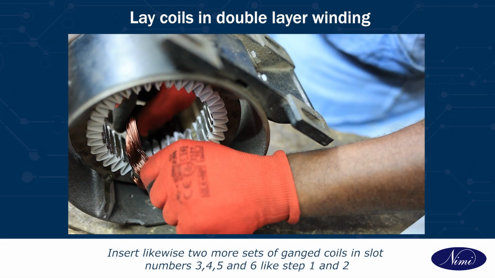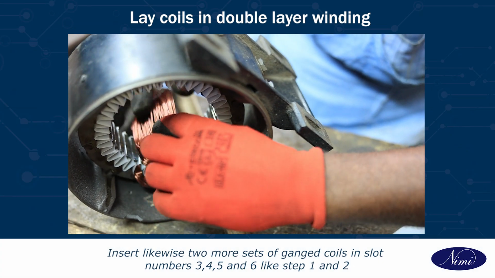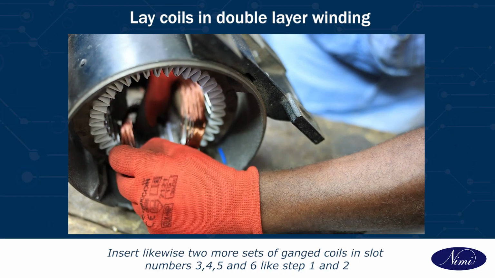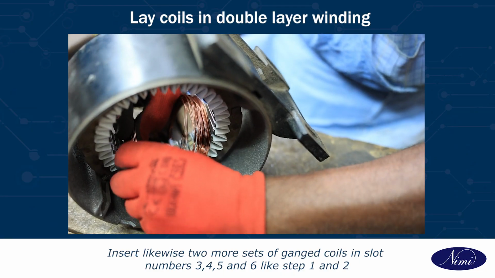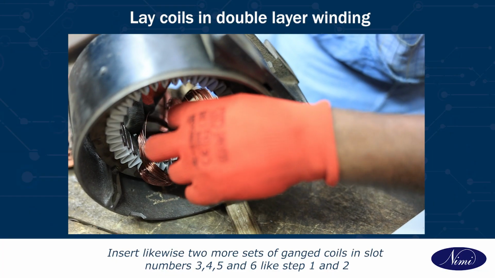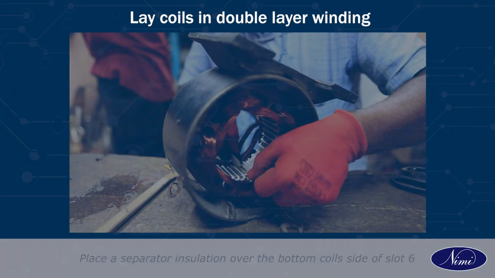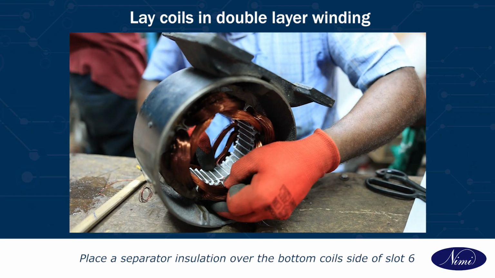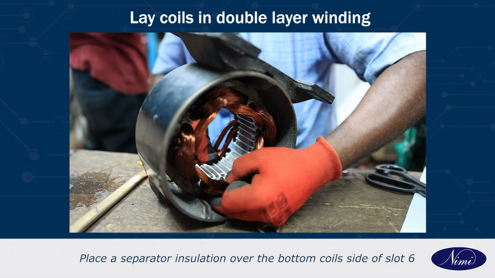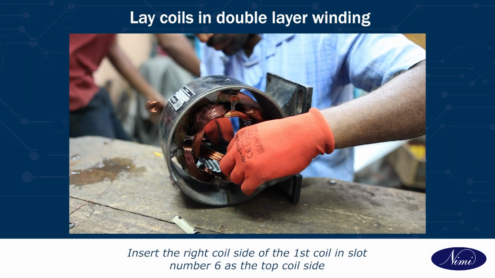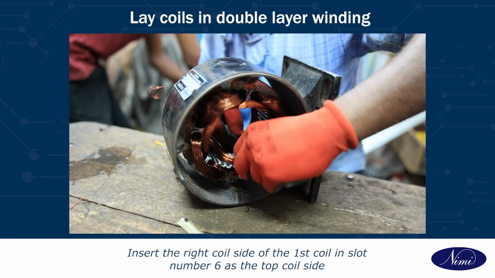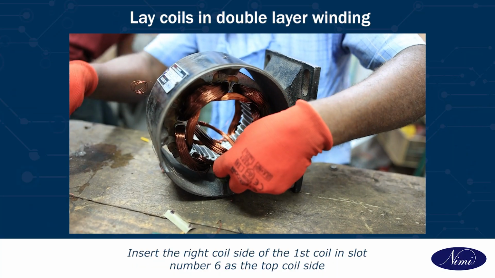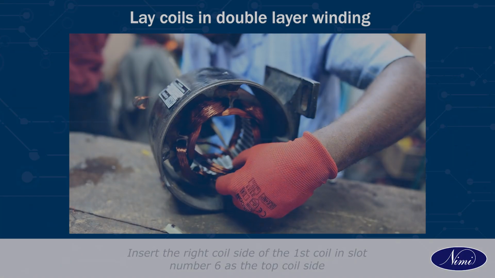Insert likewise 2 more sets of ganged coils in slot numbers 3, 4, 5 and 6 like steps 1 and 2. Place a separator insulation over the bottom coil side of slot 6. Insert the right coil side of the first coil in slot number 6 as the top coil side.